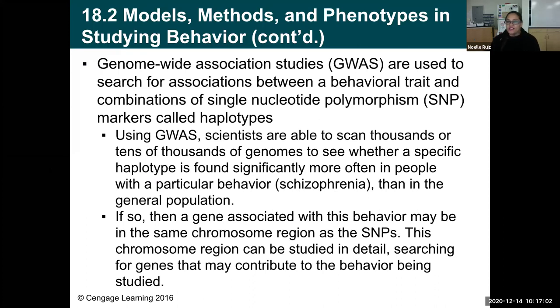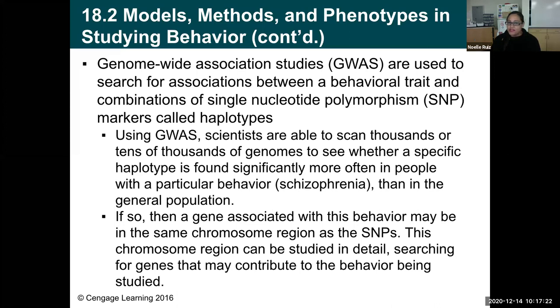Genome-wide association studies, or GWAS for short, are used to search for associations between a behavioral trait and combinations of a single nucleotide polymorphism, or a SNP, also called haplotypes. We've talked about SNPs and haplotypes several times this semester.